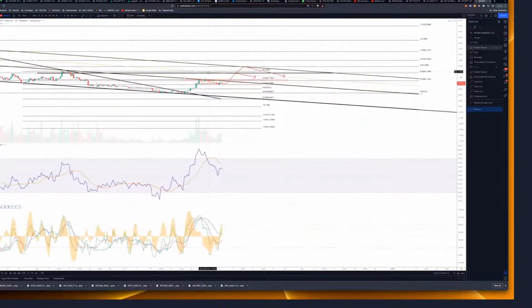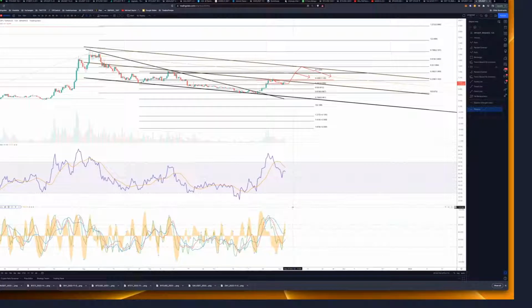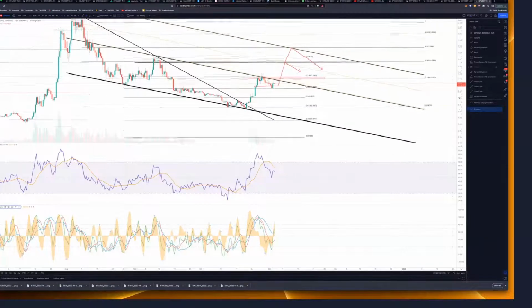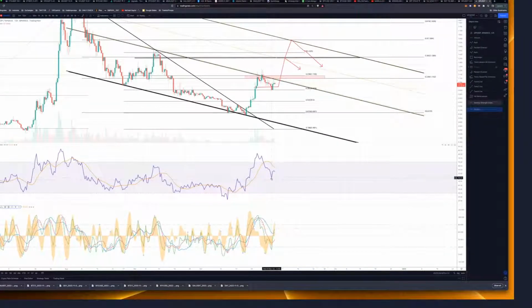Let's see what 12-hour does. The 12 hours got a bit of momentum to the upside. The RSI is definitely not helping us. So this is our 50% level on the 12-hour. If the RSI drops below that, we're going down. So keep an eye on that, and I would say that's a level.